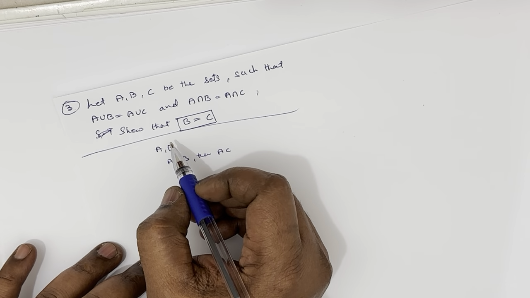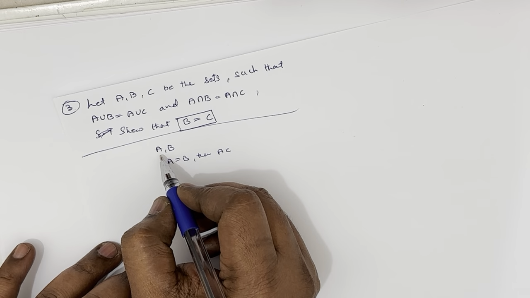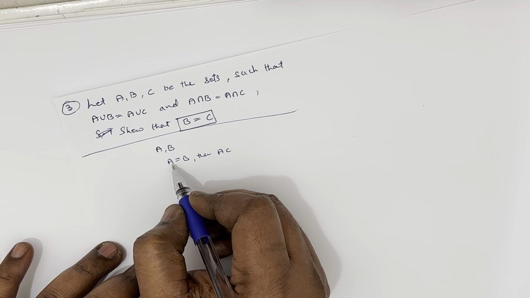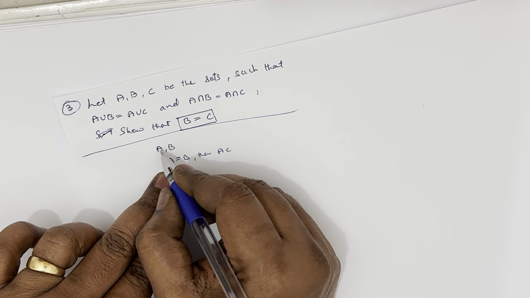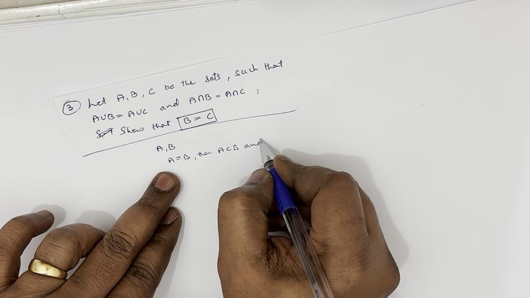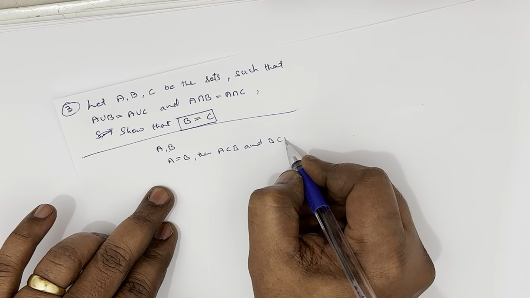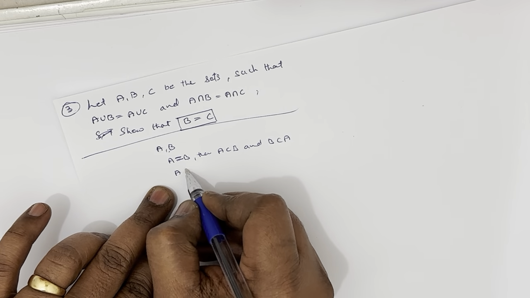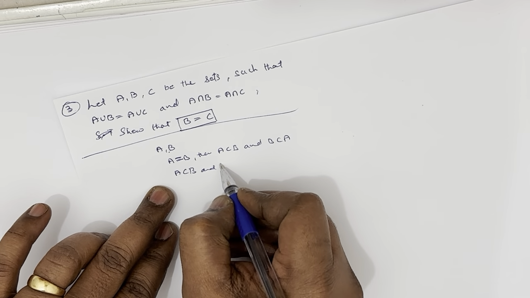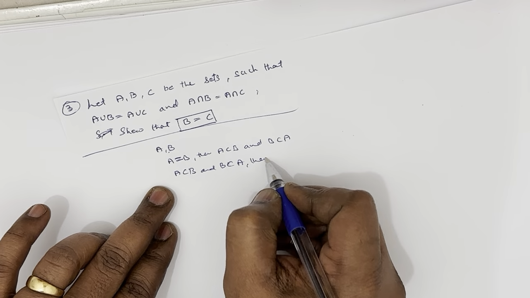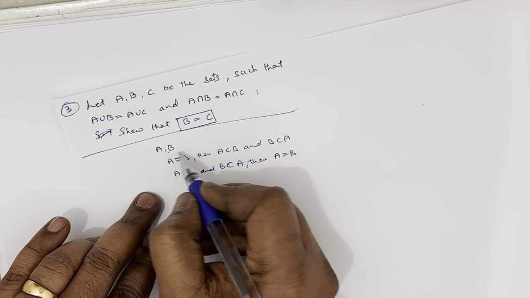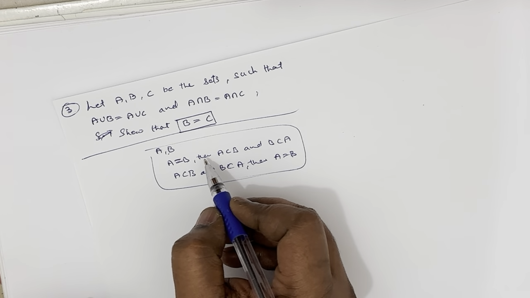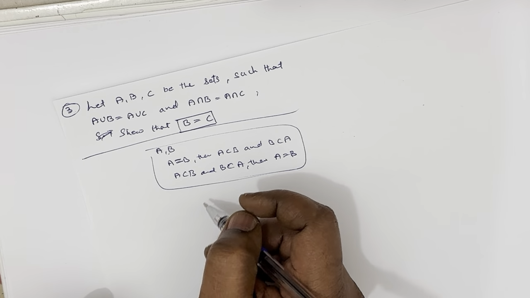Now you see, we have learned in our earlier exercises that if you take two sets, say A and B, and if A is equal to B, then A is a subset of B and B is a subset of A. Also, if A is a subset of B and B is a subset of A, then A is equal to B. Two sets that are subsets of each other are equal, and vice versa.